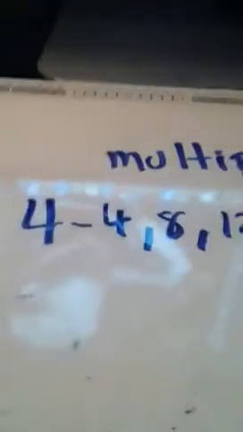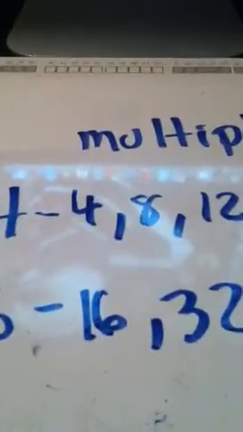So I could say, all right, I got 4, I have 8, I have 12, 16, 20, 24, and I can do that for any whole number. So I could take the whole number 16 and go 16, 32, 48, 64, 80, and on and on.